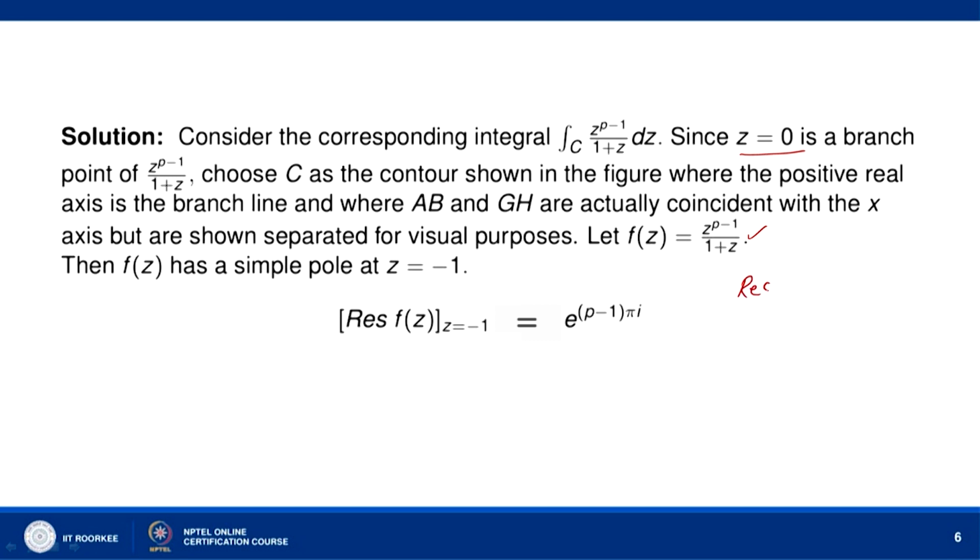Residue of f of z at z equal to minus 1. We write the limit as z tends to minus 1 of z plus 1 into z to the power p minus 1 divided by z plus 1. So, this will cancel with this and we will get minus 1 to the power p minus 1.